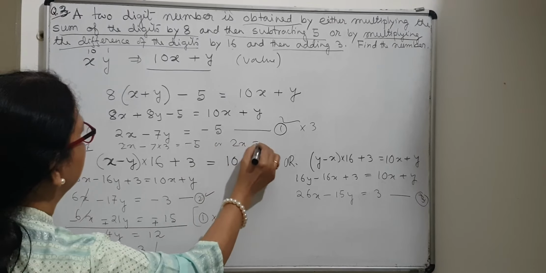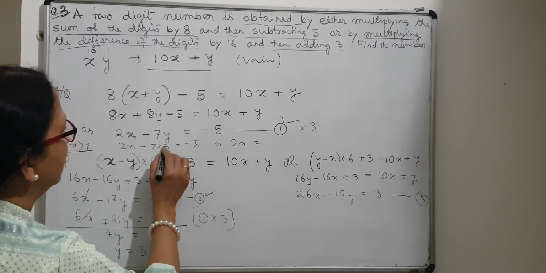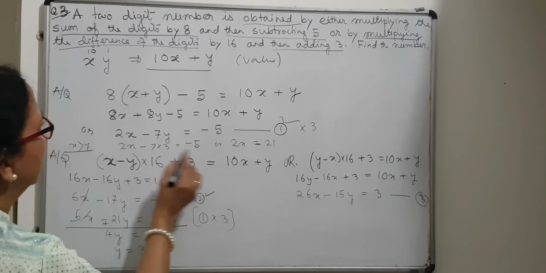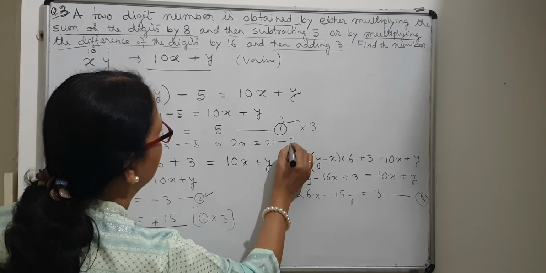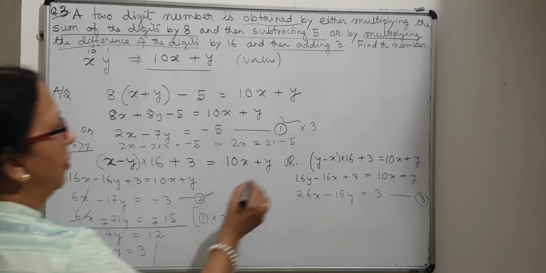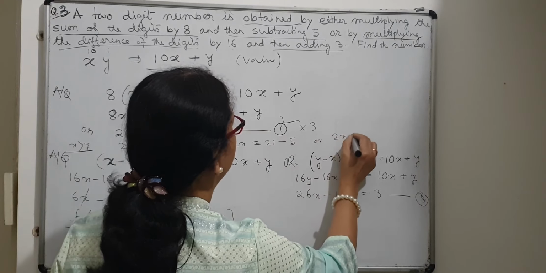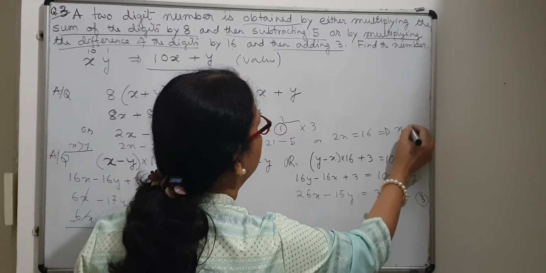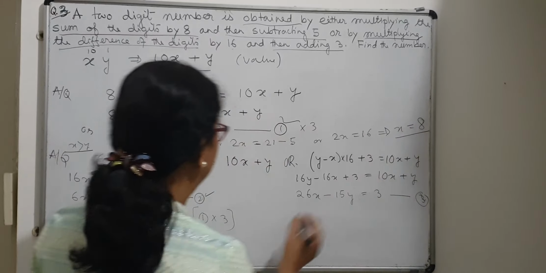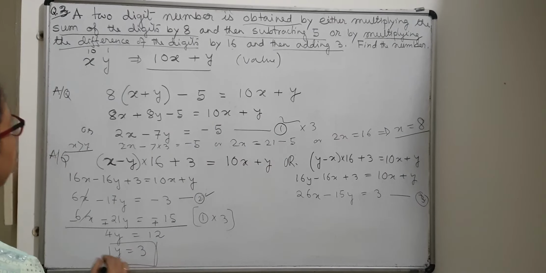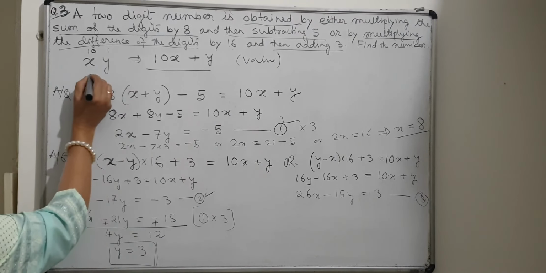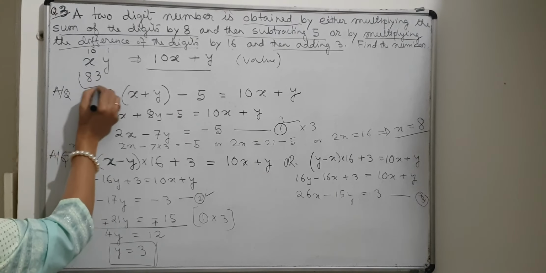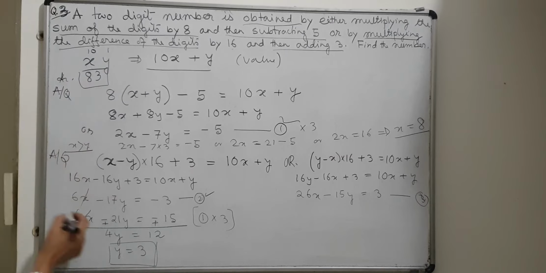Twice x is equal to 3 7s are 21, go to that side, so plus 21 minus 5, or twice x is equal to 16, which will give us the value of x to be 8. X is 8 and y is 3. So then the number will be 83. In place of x I will write 8, in place of y I will write 3. Then 83 will be the number answer in one case.